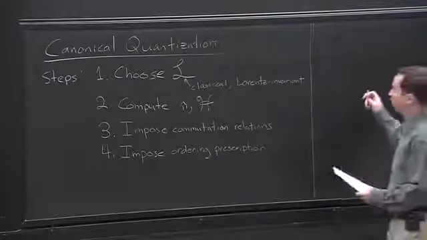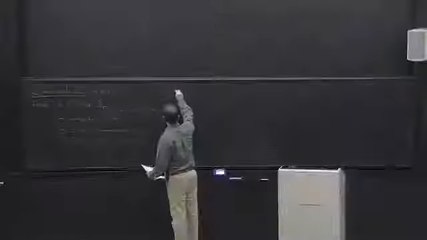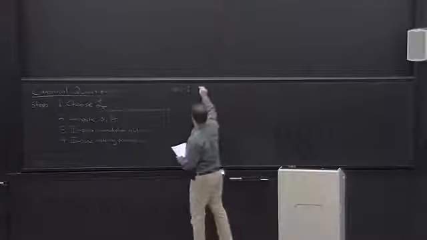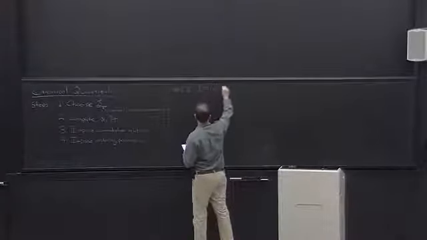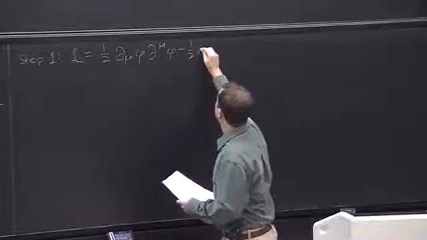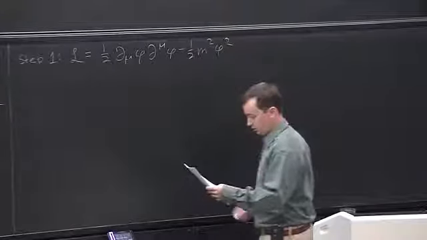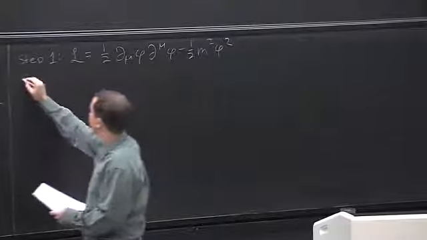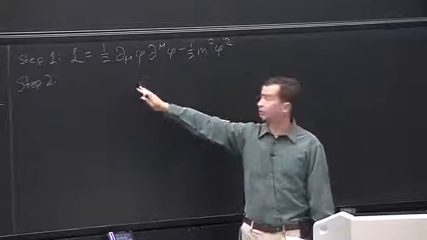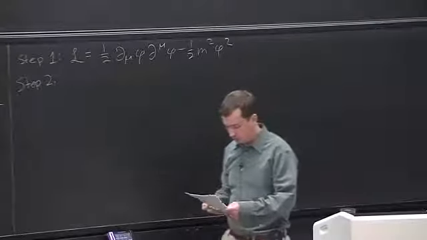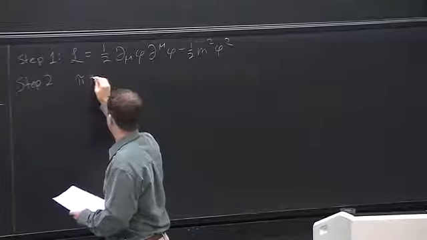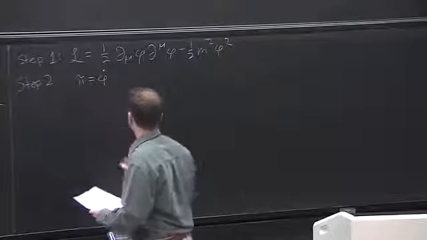Okay, so just to recap. Step one, we did this before. Our Lagrangian is the Klein-Gordon Lagrangian. Done. We'll consider more general Lagrangians later in the course. Step two, we also did last time: computed the conjugate momentum to the field.